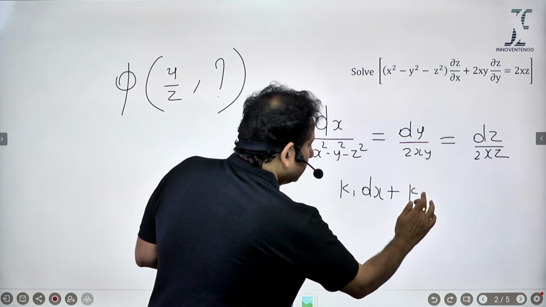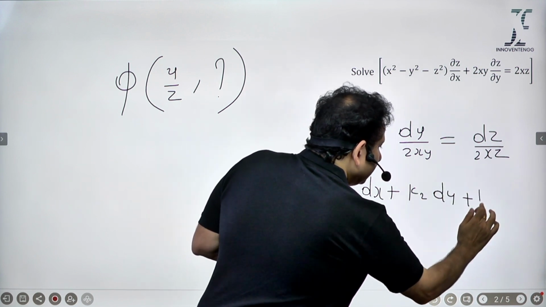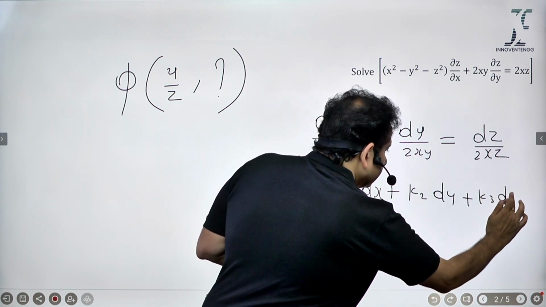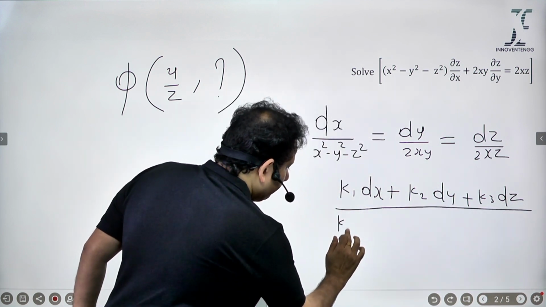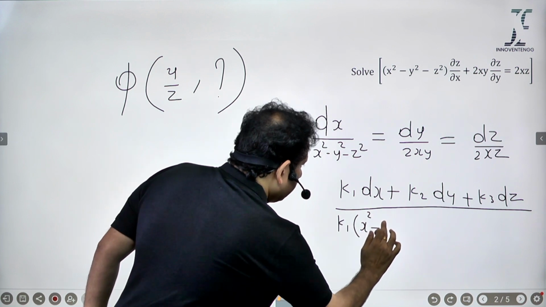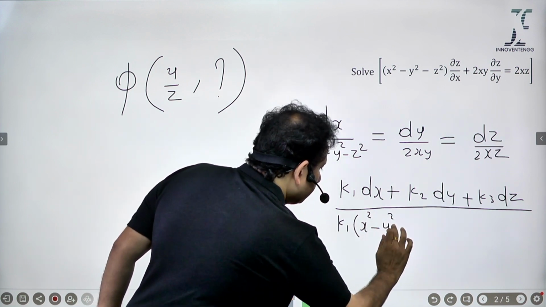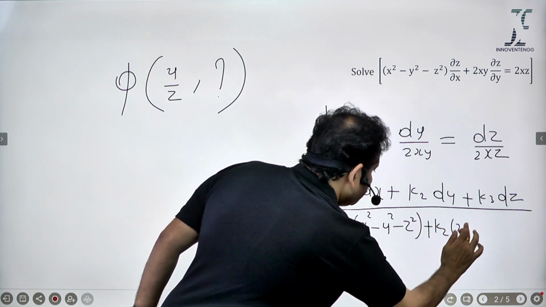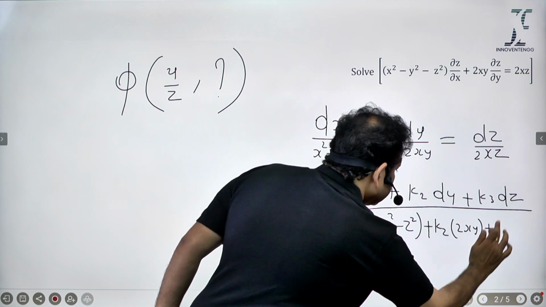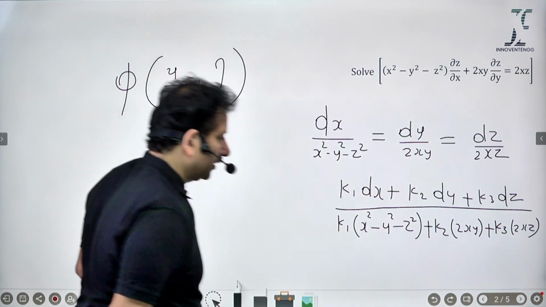How it works is that you are going to get one more ratio, that is k3 dz, and then in the denominator you will get k1 into x square minus y square minus z square, plus k2 into 2xy plus k3 into 2xz, right?